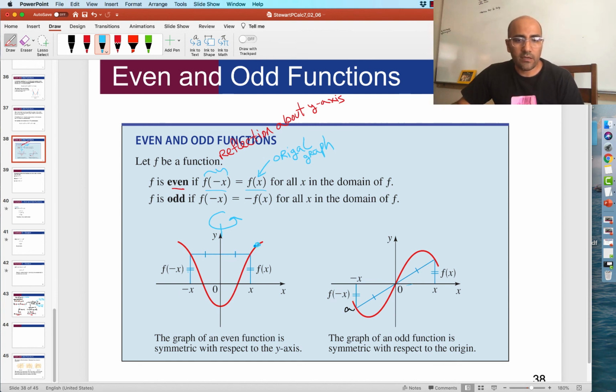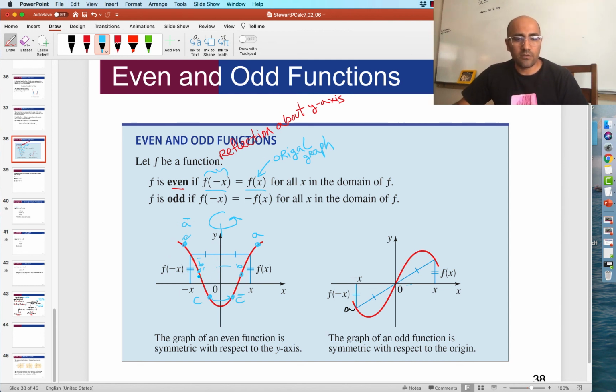So a point here would be rotated to a point over here. So A, this point there would be rotated over here to A bar, and then a point here would be rotated over there to a point B. So this point B would be rotated to B bar, and the same in the other direction, a point here, point C, would be rotated to over there, a point C bar.